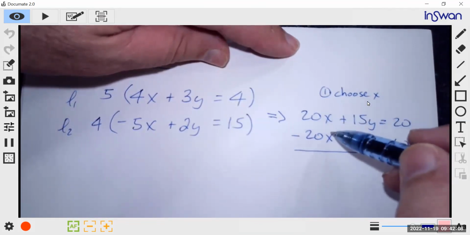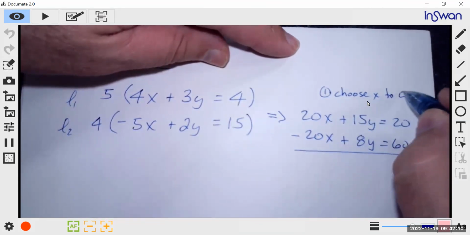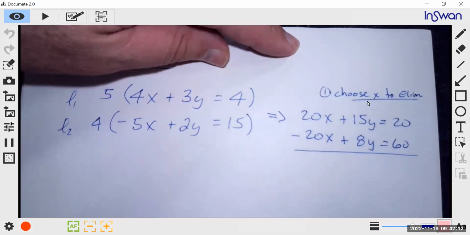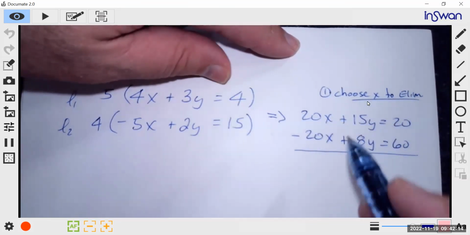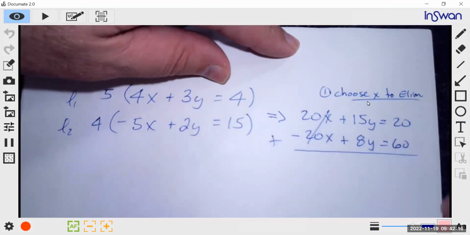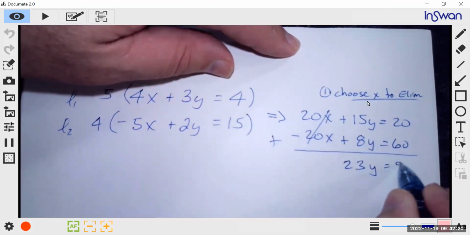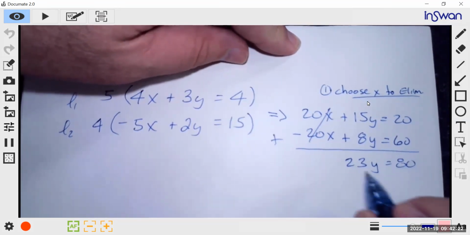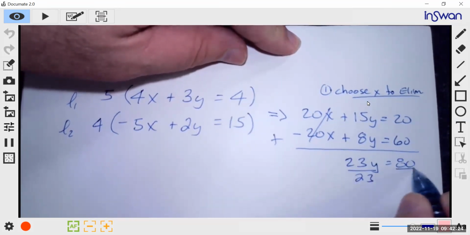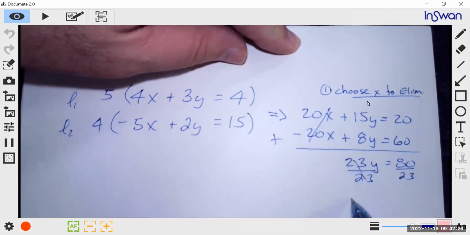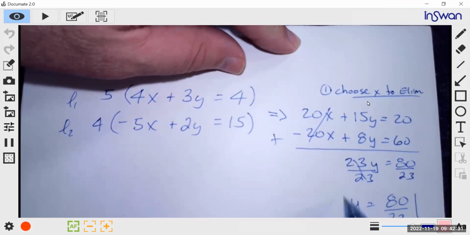So I chose x to eliminate. They have different signs, so when I add these two equations, those cancel. I get 23y equals 80, so y equals 80 over 23.